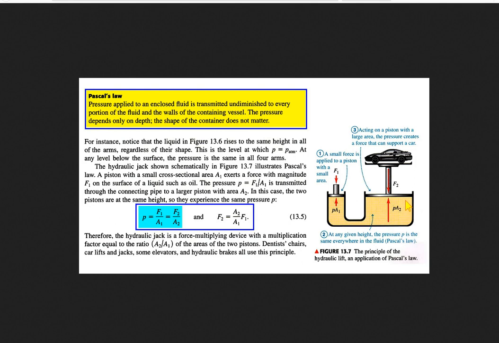All you need is the car to sit on top of a piston that's on top of a cylinder whose cross-sectional area is greater than the cross-sectional area of the piston or the cylinder on top of which you are going to place your own weight. So with your own weight you can lift up your car. You do that using an incompressible fluid.